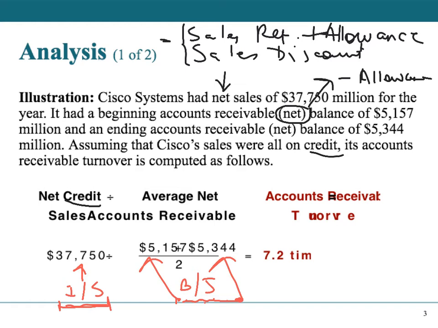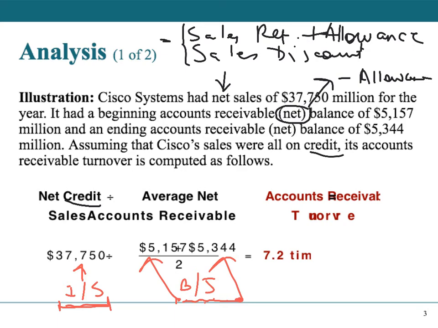Now, from now on, any ratio that we will be covering, if you have an income statement and a balance sheet account in the same ratio, you always have to average balance sheet numbers. Okay, let me say it again.